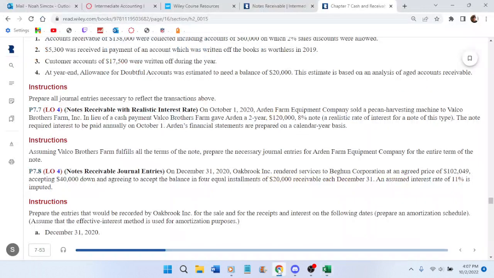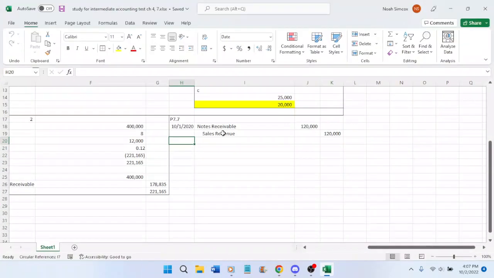So the note required the interest to be paid annually on October 1st. So, 12/31/2020.